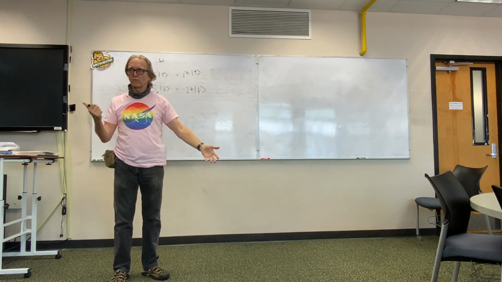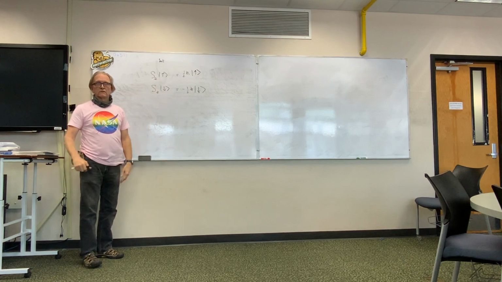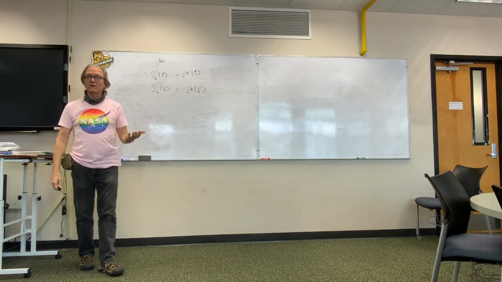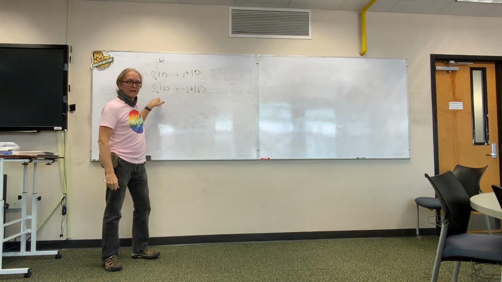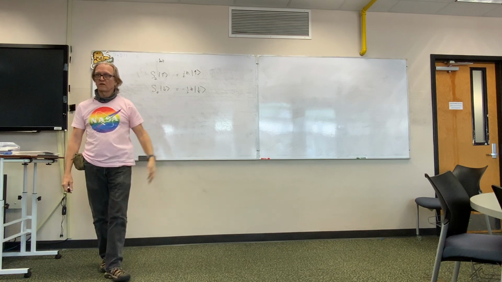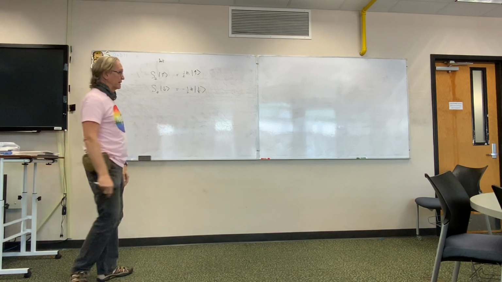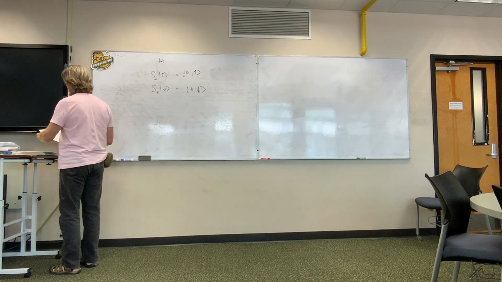So that's how we got this idea of weirdness of it can only be up, it can only be down. If it's in between, it won't stay there. If I put it in the up state, it'll stay there forever. Put it in the down state, it'll stay there forever. If I put it in one in between, it won't stay there forever. So again, that idea of stationary states versus any state.